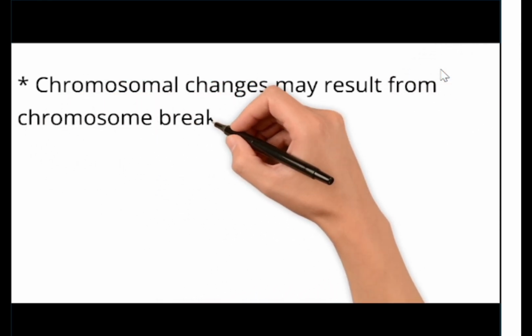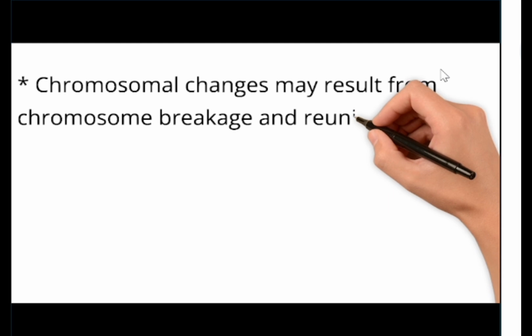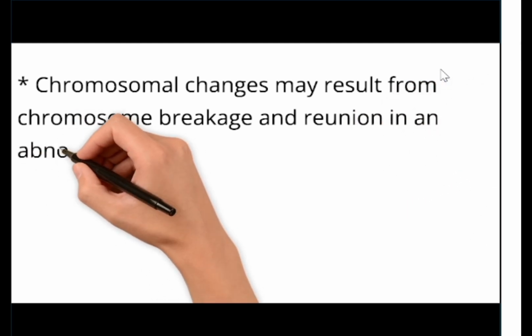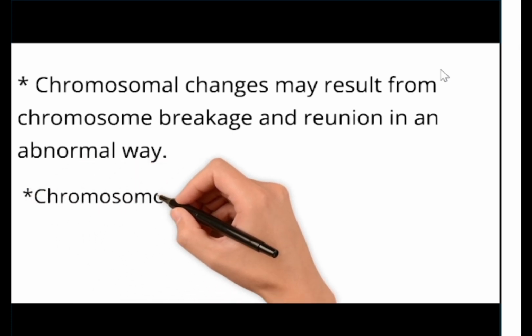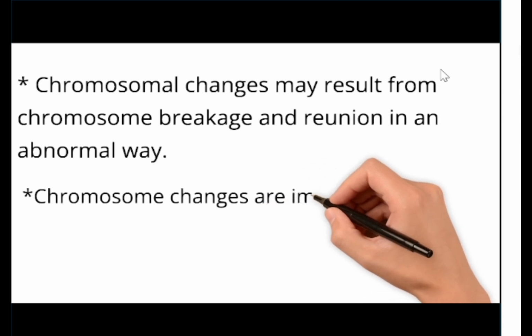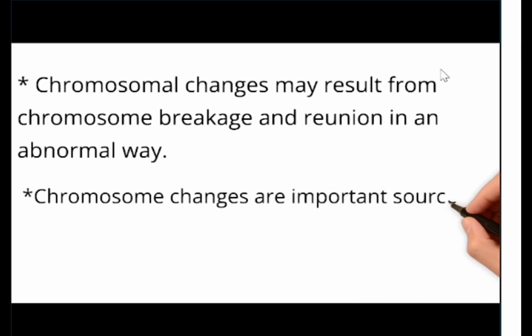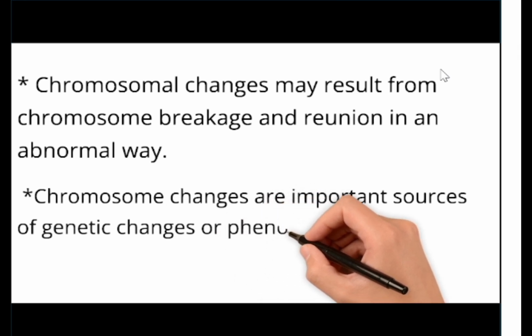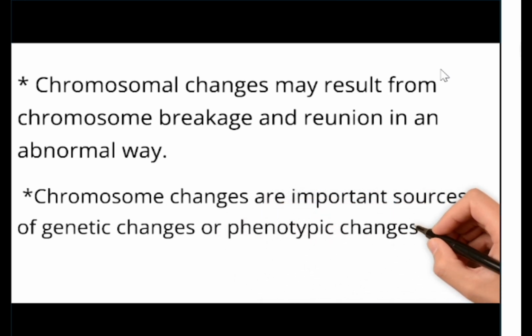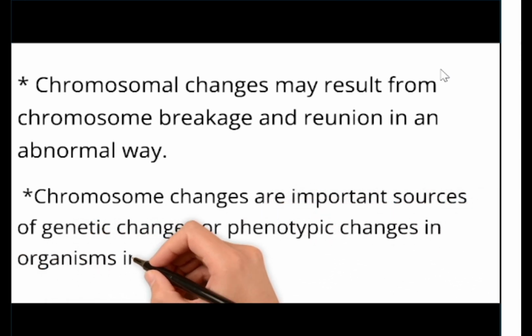So when they break and reunite in an abnormal way, it is going to result in an aberration or an abnormality. All right. So chromosome changes are important sources of genetic changes or phenotypic changes in organisms in which they occur. And when they occur, they can be transmitted from one generation to the other.